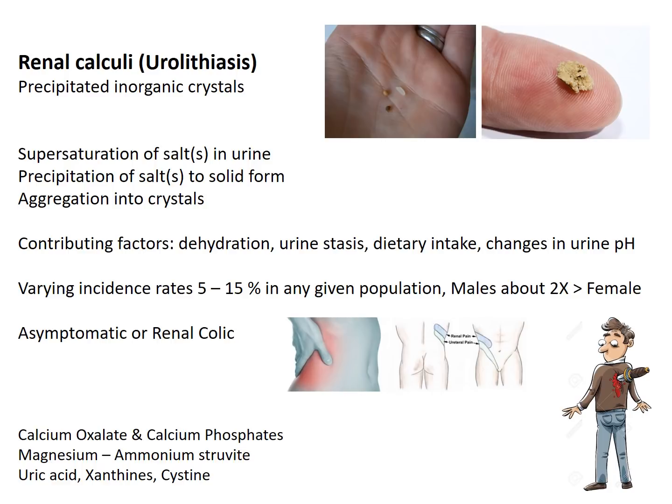It's once the stone starts to move down the ureter, and particularly if the stone starts to obstruct the ureter, that you get that classic renal colic, that waxing and waning sharp pain, which is most commonly felt in the back at the CVA angle, costovertebral angle, but that pain zone can also wrap around and come down anterior into the groin.